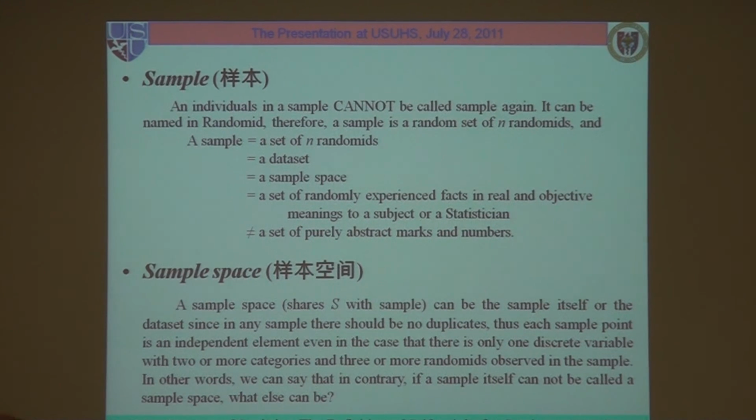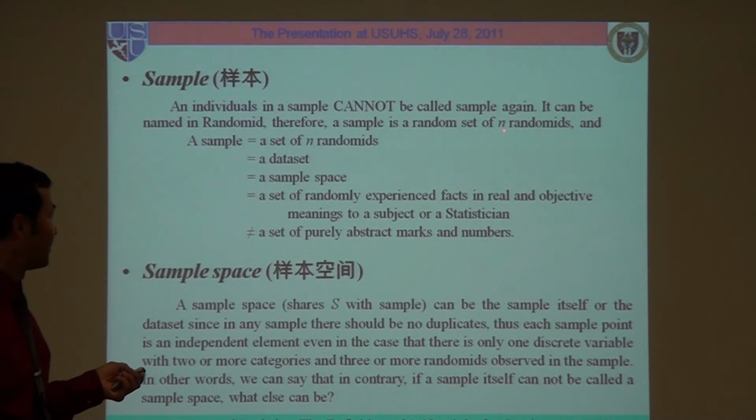So I would like to create a new word, random individual, or randomly. This is in my system. This is a new word, randomly, means random individual. Everyone can understand. So a sample is a random set of n randomly.